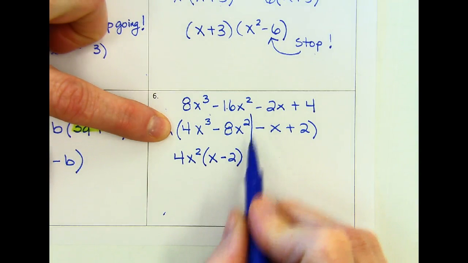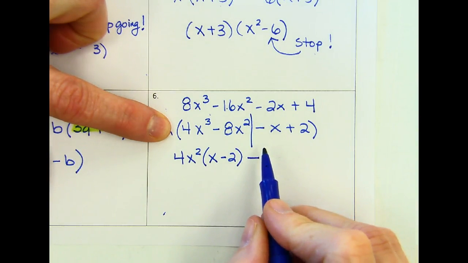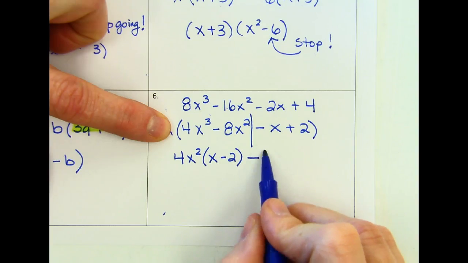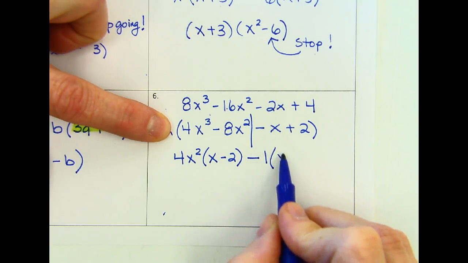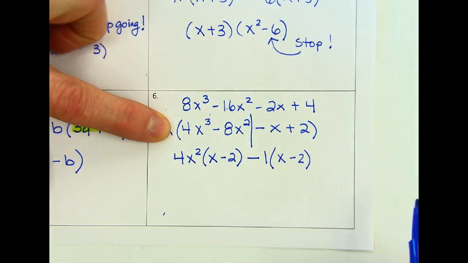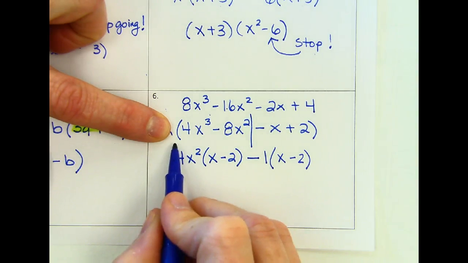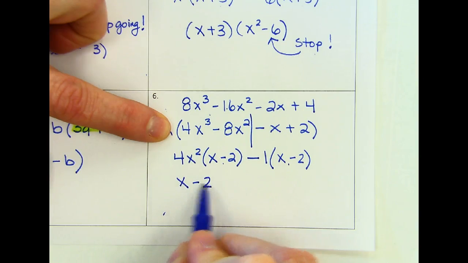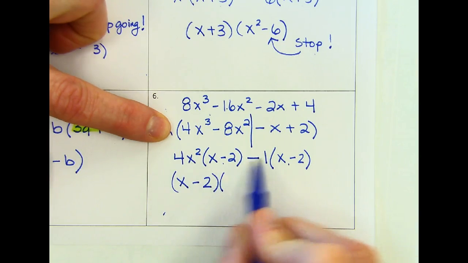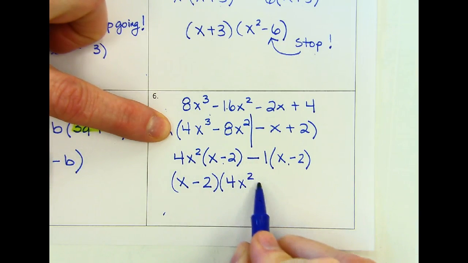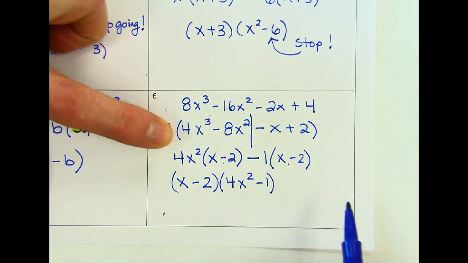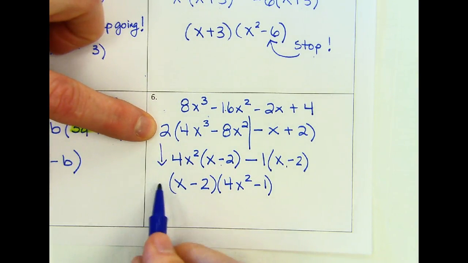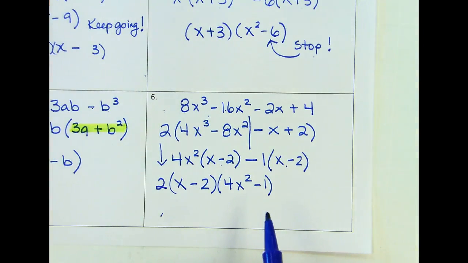Here, I never want that negative, so take out the negative, and it looks like I can only take out a negative 1, so I get x minus 2. So now, all of this would be in parentheses, but I'm going to go ahead and take out my match, x minus 2, and write down my 4x squared minus 1. And remember, this 2 is still part of the problem.